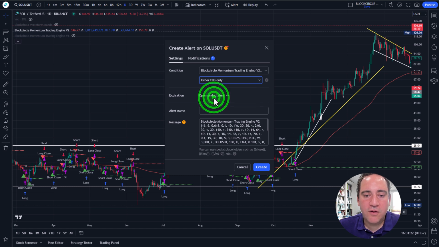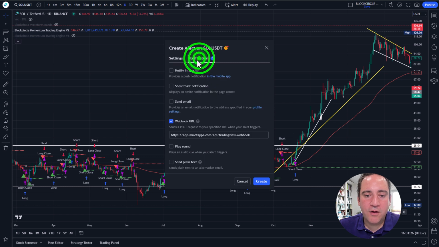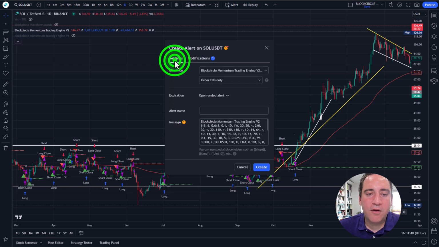And what this would do, this is the easiest way of doing it, is you then set up your notifications and you say, I want to be notified in the app. I want to receive some form of notification via email. I want to play a sound or send a plain text through to an email as well. Or you can send it to a webhook. So it's completely up to you how you want to have it set up.